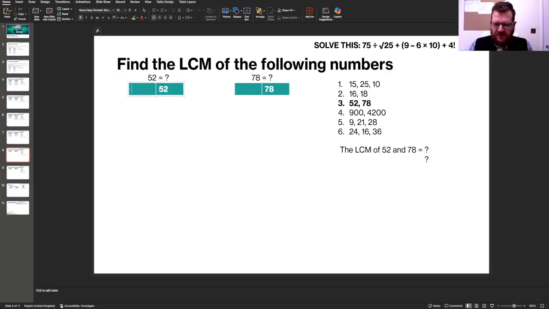So we'll do 52 first. That gives you 26. So I see a 2 there. See another 2 there as well. 13 is a prime number. So then you've got 2 squared for that.